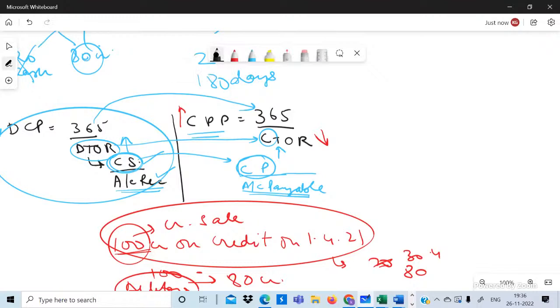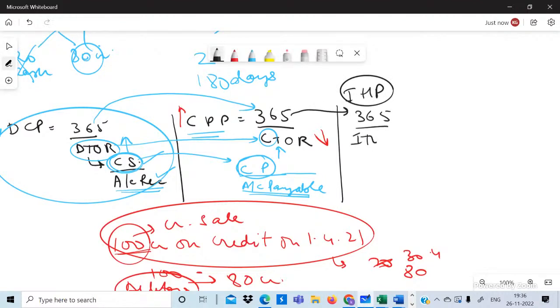Similarly, on the same lines, you could do the calculation for inventory holding period. So if I'm looking at inventory holding period, how will I calculate it? I'll take this 365 and I'll divide it by inventory turnover ratio.